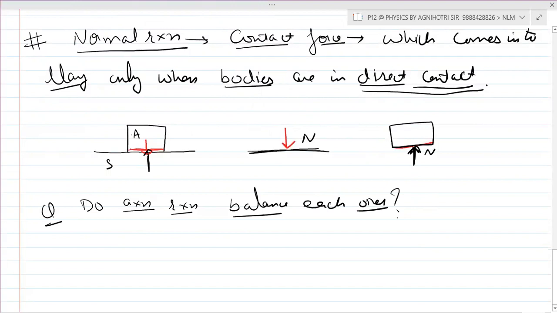Okay, now let me tell you, normal reaction is like what? It's a pushing force.